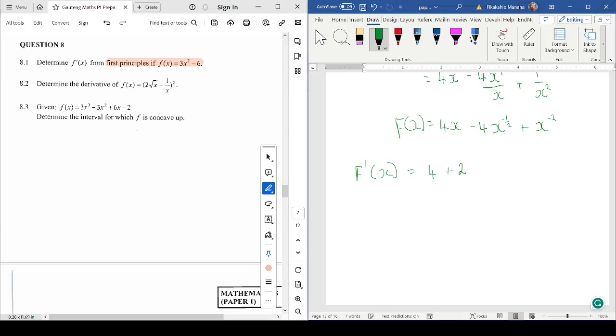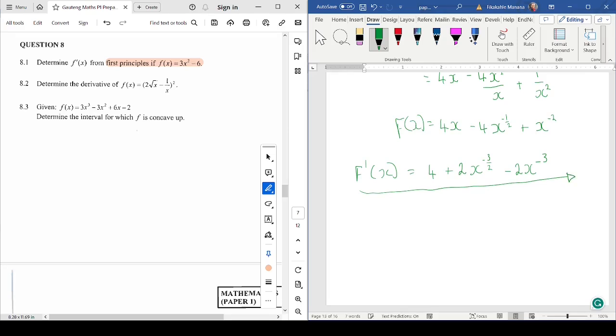And then it's minus a half minus 1, which is minus 3 over 2. This one, it's minus 2 times 1, which gives you minus 2. And then x, and then it's minus 2 minus 1, which gives you minus 3. And that is our final answer.